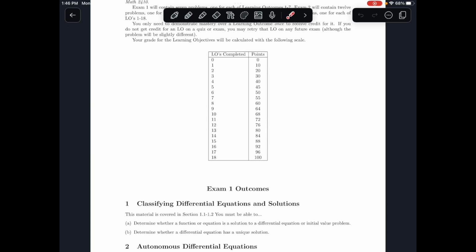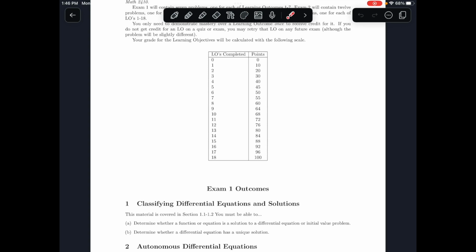You should basically come in with an idea of which learning outcomes you are planning to attempt, and then spend a lot of time studying those ones. And maybe don't spend as much time on the ones that you aren't particularly planning on attempting on the exam.